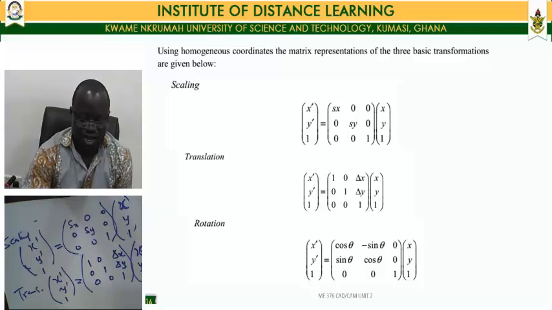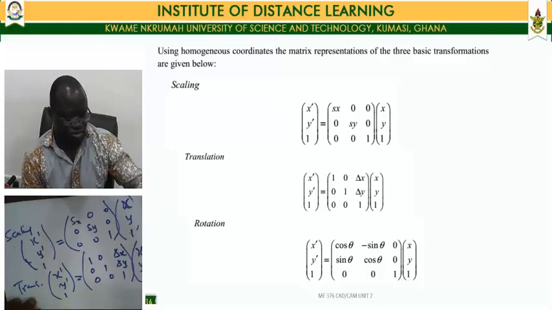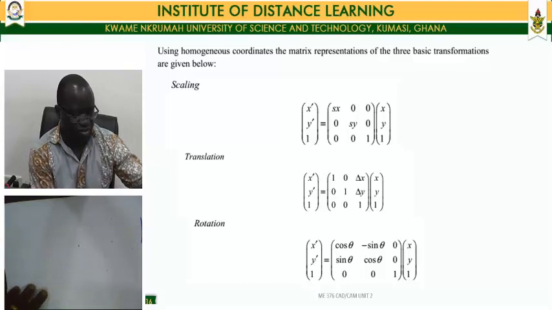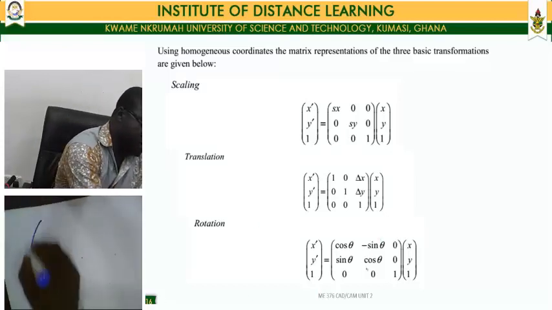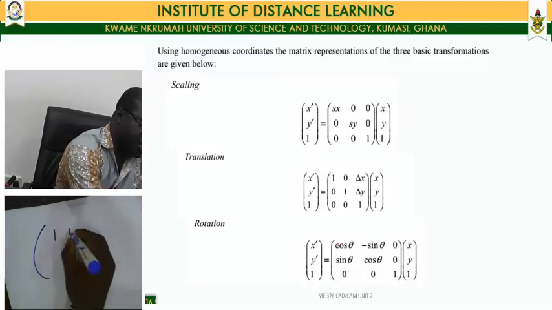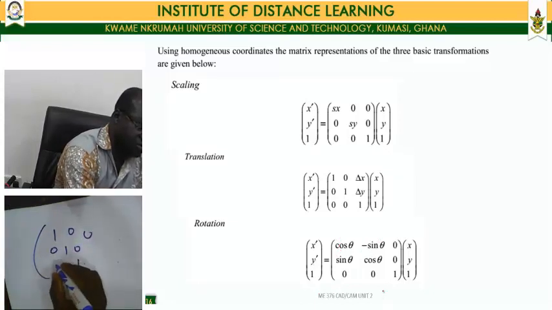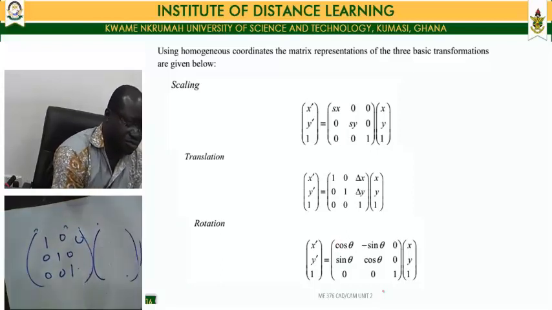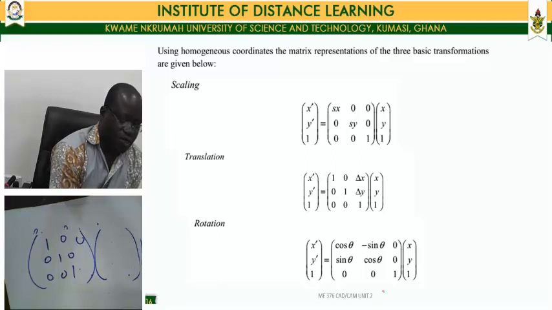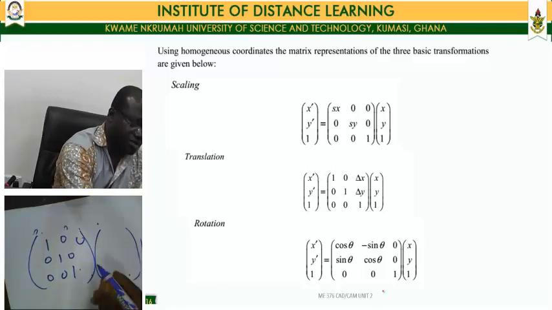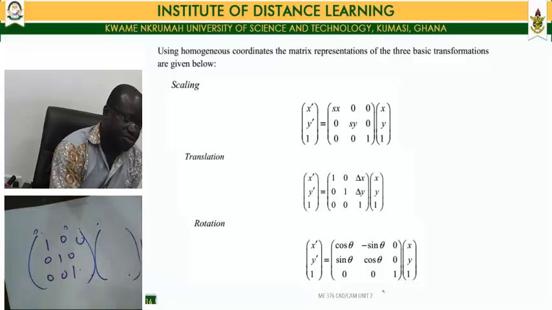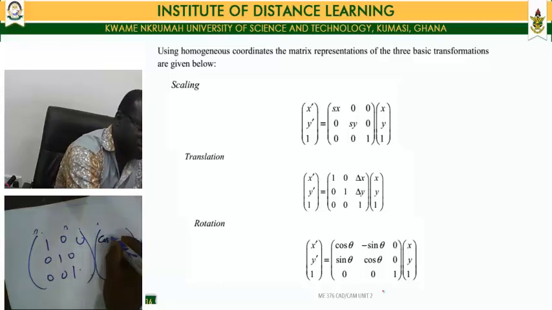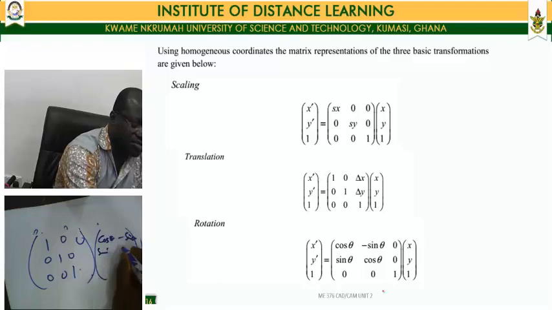So it is actually operating on a coordinate unit diagonal matrix, what you call a diagonal matrix of 1, 1, 1, a 3 by 3 diagonal matrix, and then operating with the transformation matrix, which is cos theta, minus sin theta, and then sin theta and then cos theta.